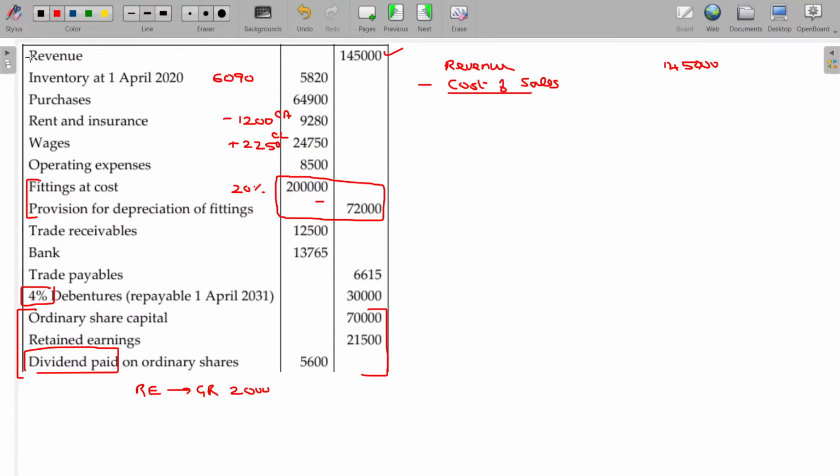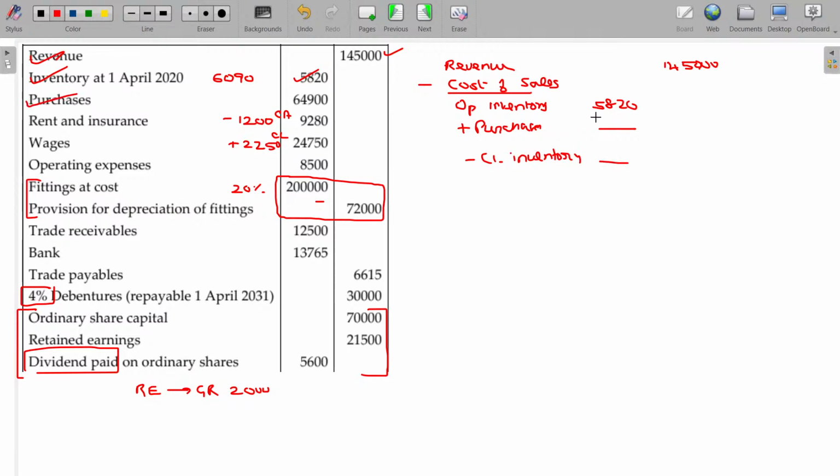We start with the opening inventory 5,820, add purchases with that, minus closing inventory. If we have carriage inward, that can also be addable here.